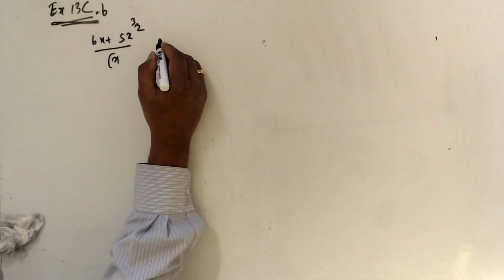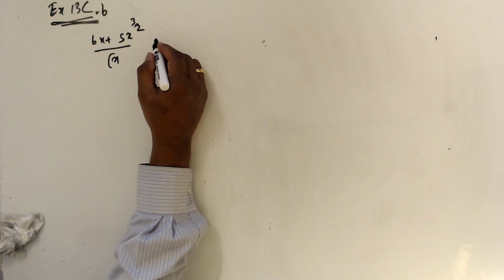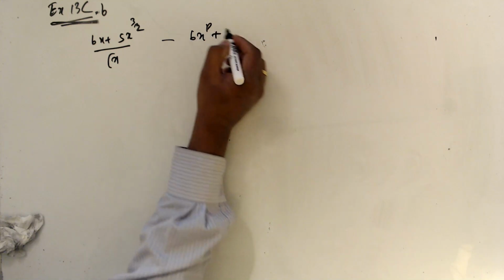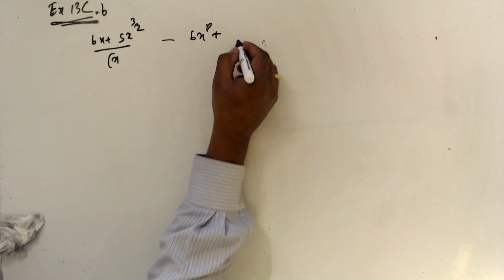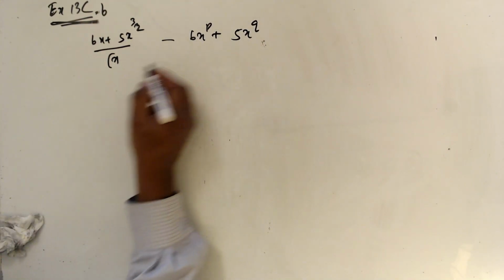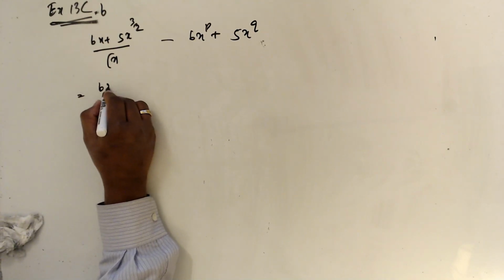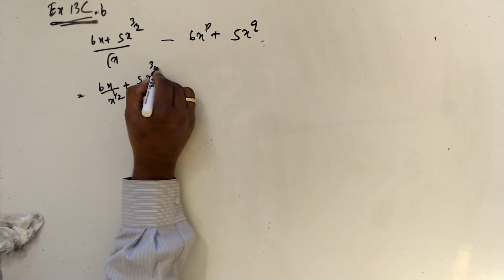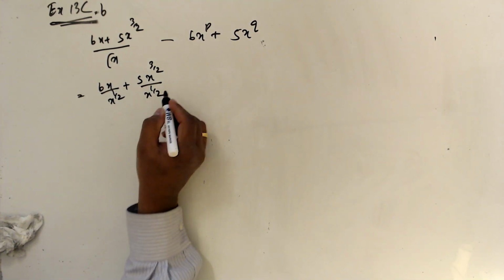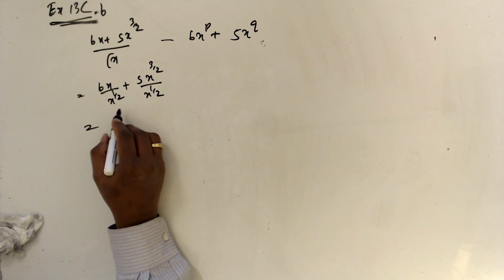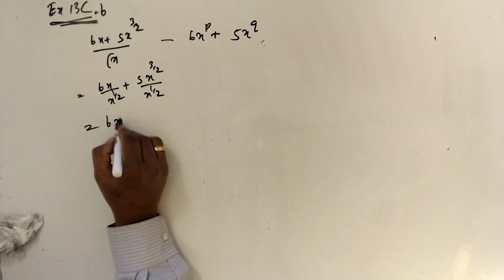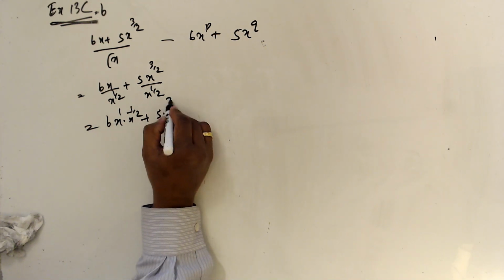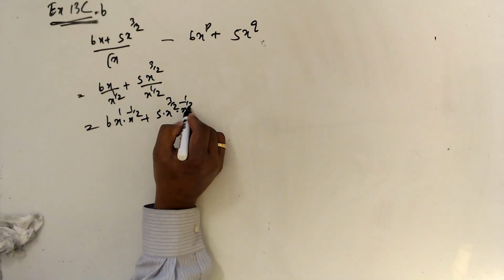So this one we want to write, question number 6. When you read 6x to the p plus 5x cubed, it is simple. So 6x over x half plus 5x 2 over x half. So this is going to be 6x1 times x minus half plus 5x 3 over 2 times x minus half.